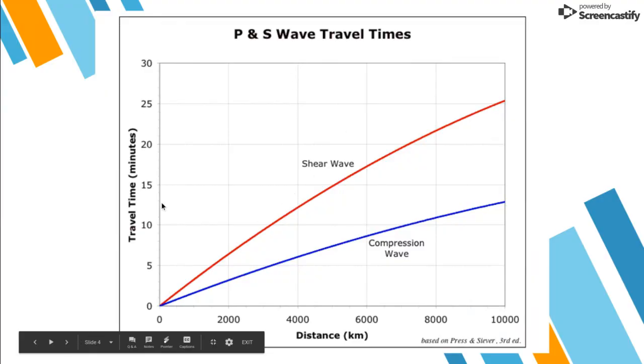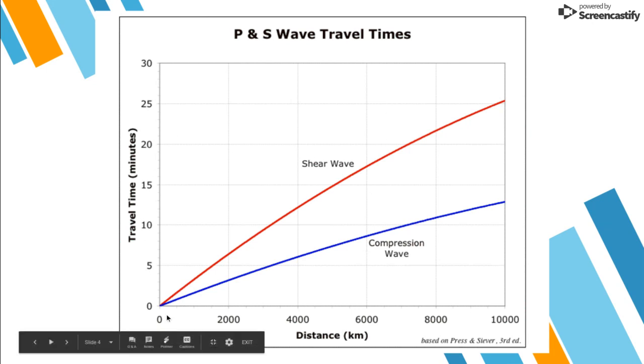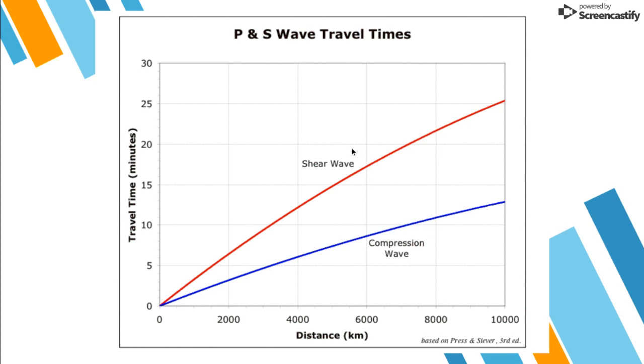So here's that chart that I was talking about. P and S wave travel time. We can use P waves and S waves to determine how far away or the location an earthquake occurred at. Here we have this big red line, and it's a shear wave. A shear wave is just another way of saying an S wave.